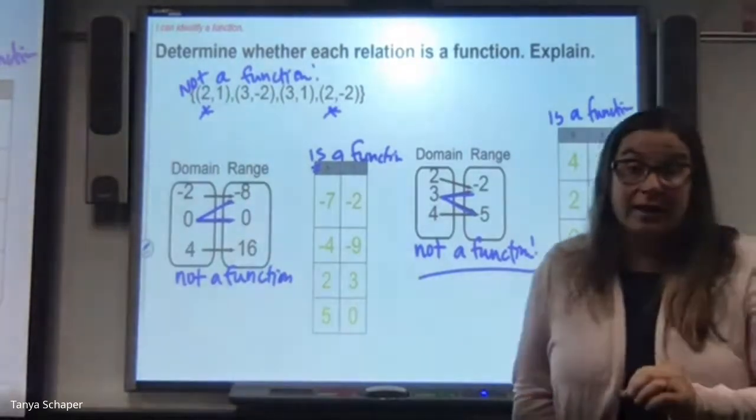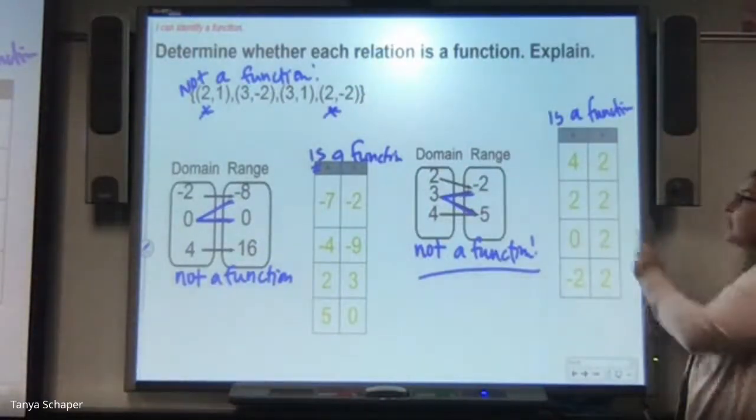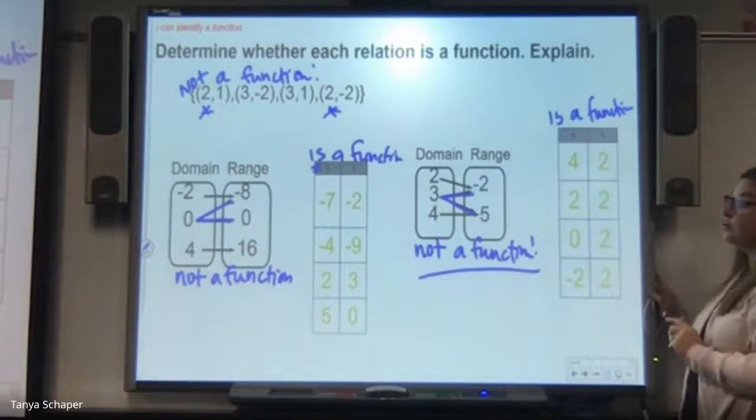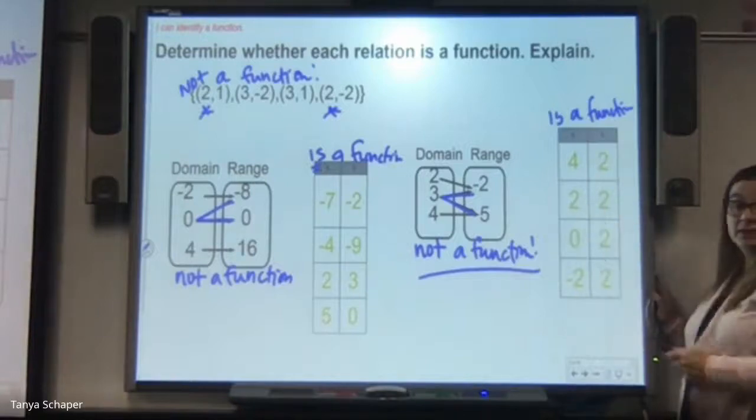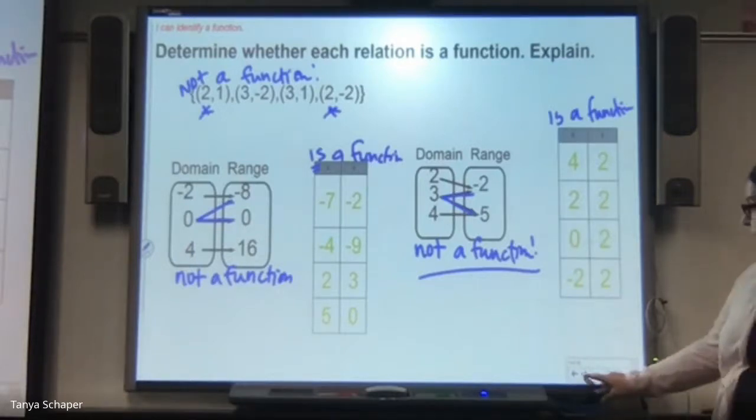That's okay. What's not okay is if these were the same. 4 can only give me a 2. 2 can only give me a 2. 0 can only give me a 2. -2 can only give me a 2.